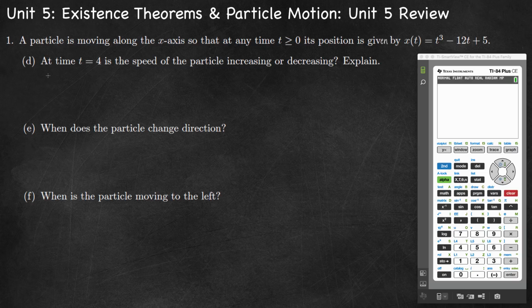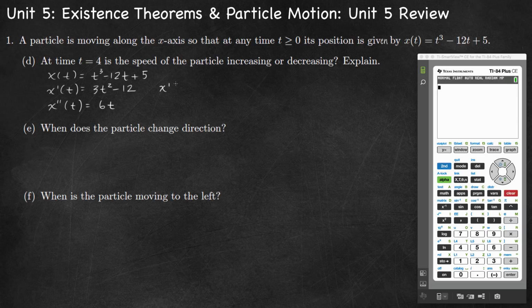We know x of t, the position, is t cubed minus 12t plus 5. My velocity is x prime of t, that's 3t squared minus 12. And my acceleration is x double prime of t, and that's just 6t.